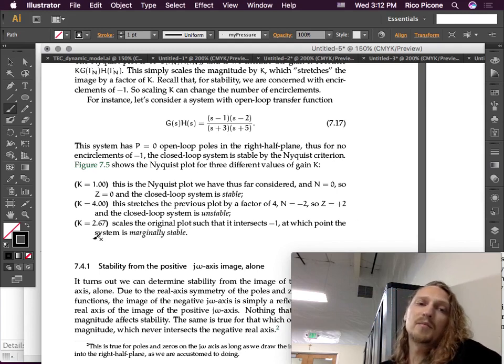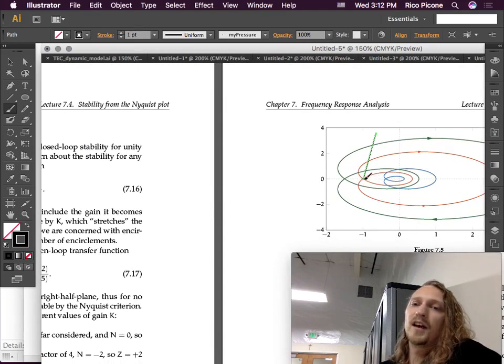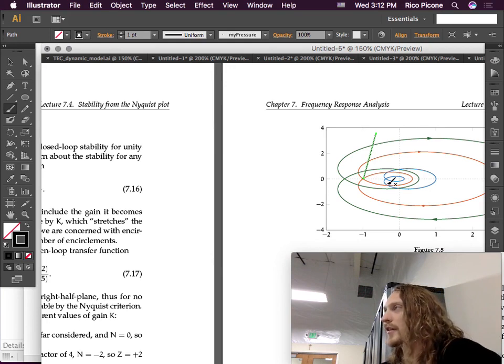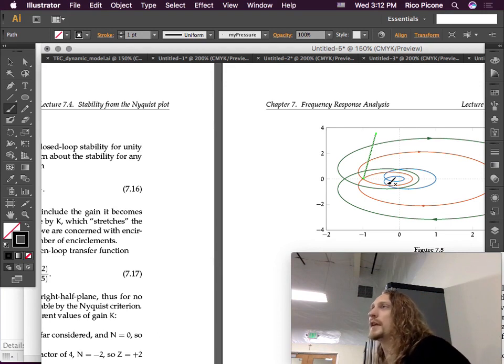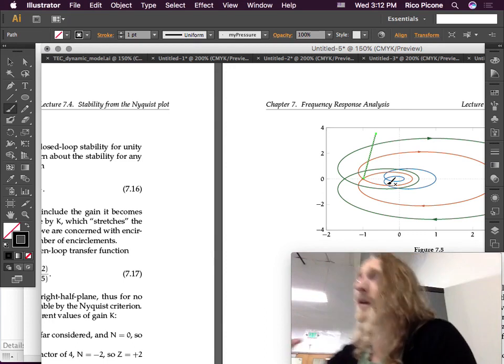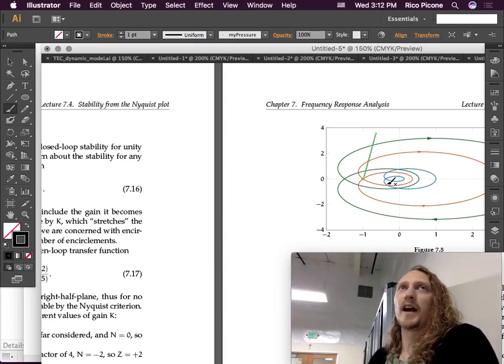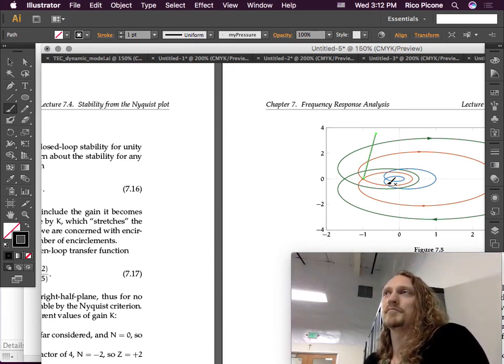And then this point at which the encirclements change from 0 to -2, which is to say when this intersection of -1 occurs, that is marginal stability. That's when it crosses over from stable to unstable. So if we're thinking on a root locus plot, this is where we cross over the j omega axis, right?